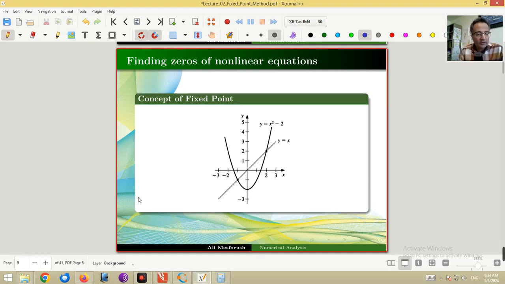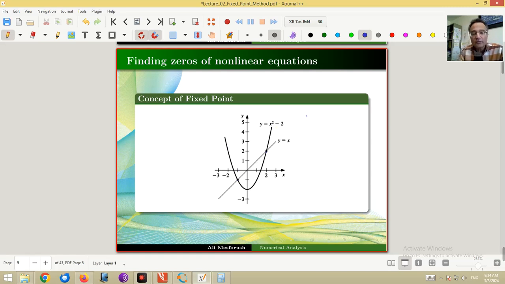Let me show it on a figure. This is the graph of y equal to x squared minus 2, and this is the line y equal to x. The intersect points are here and here. The first one is minus 1 and the second one is 2.